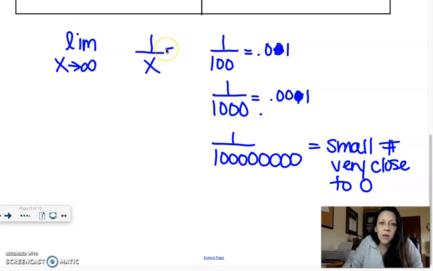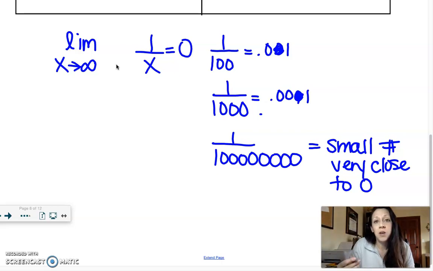No. Meaning you are taking a piece of gum and dividing it, but you virtually have no gum distributed among each person because it's almost non-existent. It's so small. You could also say it like this: 1 divided by a really big number is going to equal a really, really small number. And the bigger x becomes, the smaller the answer becomes. So when we're taking a limit, we're generalizing. We're saying that 1 divided by an infinitely large number is going to equal an infinitely small number, aka 0.